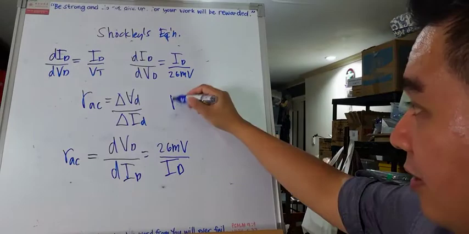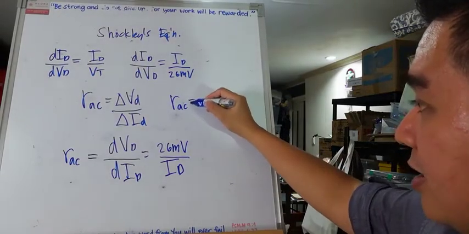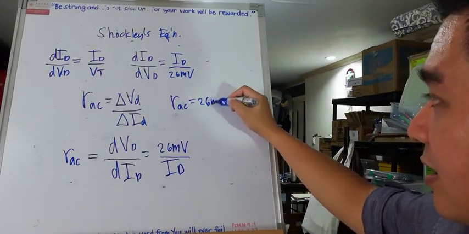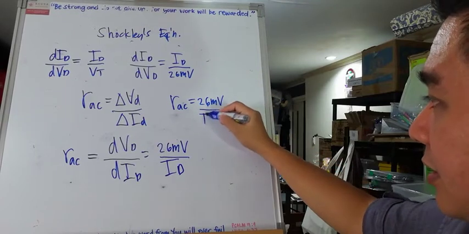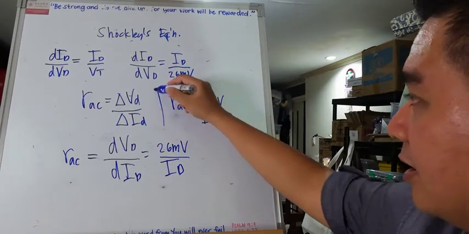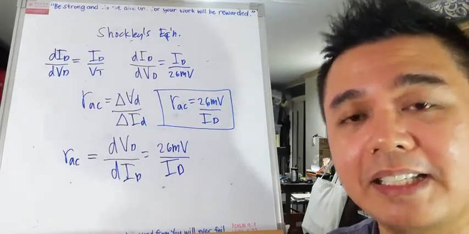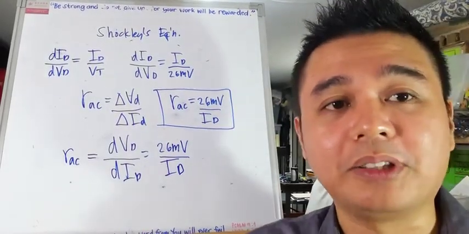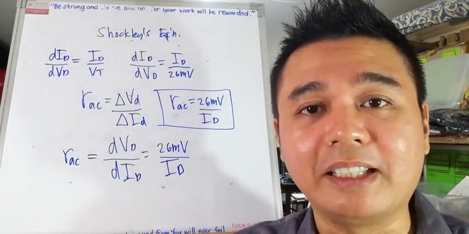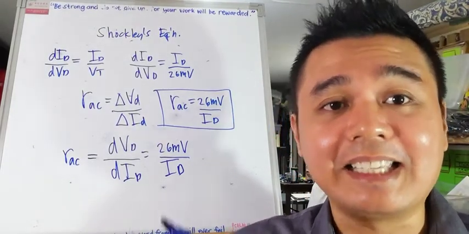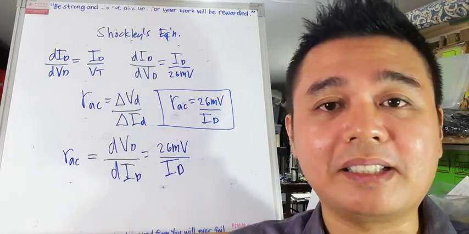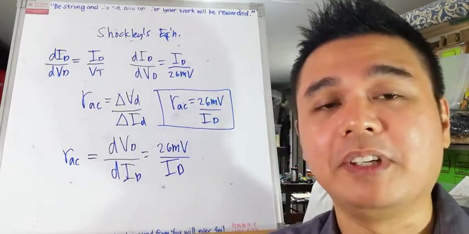So that we can summarize it to be RAC equals 26 millivolts over I sub D. So this is the AC or the dynamic resistance ng ating PN junction diode kapag ang ina-apply natin ay isang AC na signal. Iba ang resistance niya kapag DC yung in-apply natin.